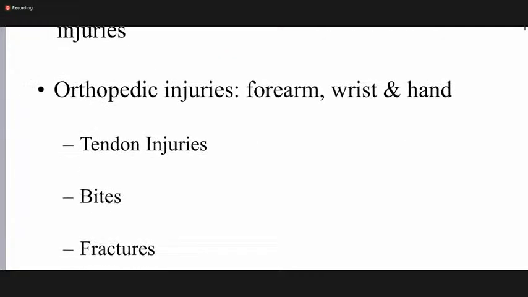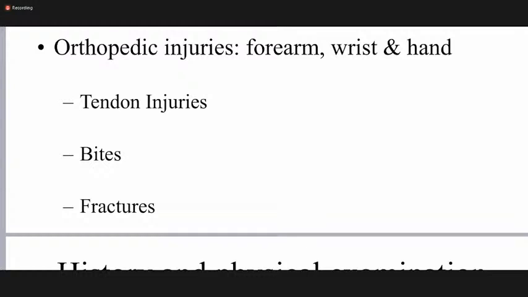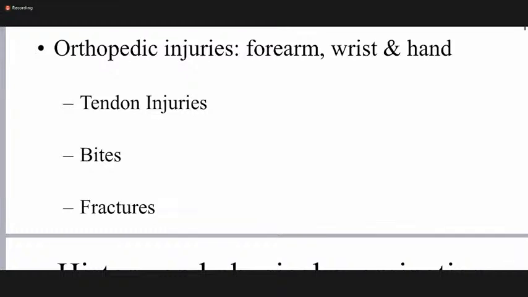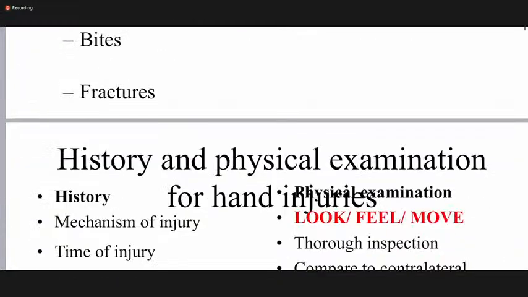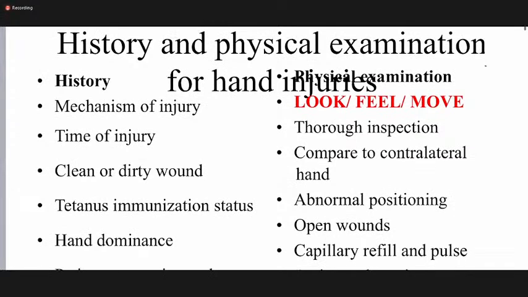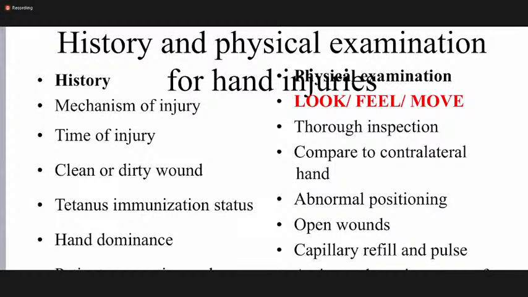We'll also look at orthopedic injuries of the forearm, wrist, and hand as shown. When you think of orthopedic injuries of the upper limb, particularly the hand and wrist, look at it in terms of tendon injuries, bites, fractures, and dislocations. We also look at the treatment options and complications that can happen in such injuries.